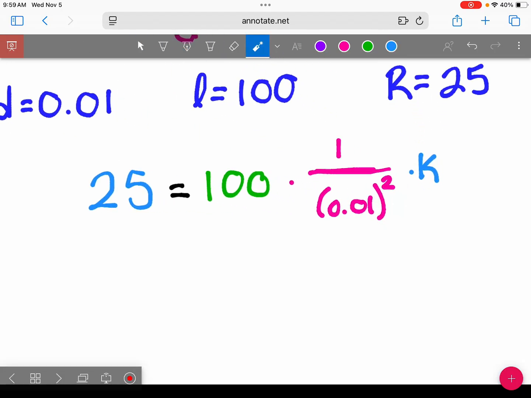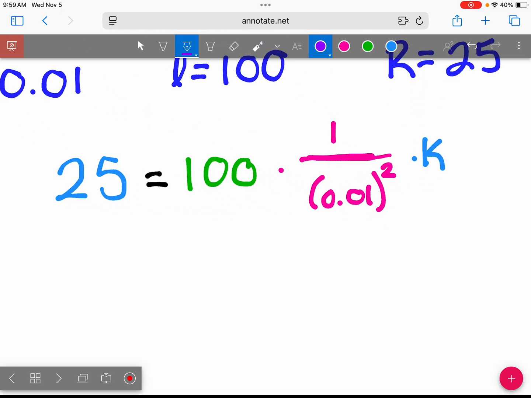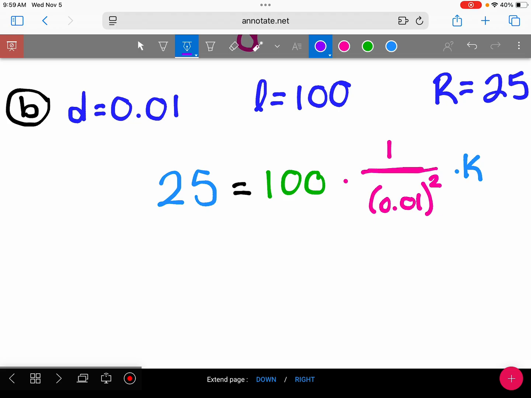What can we do to simplify this thing? As I say, we could do some multiplication and stuff, right? I can simplify this. This is 100 times 1 over 1/100th squared. So you can either simplify our fraction, deal with this power, or multiply these all together, type the whole thing into the calculator.